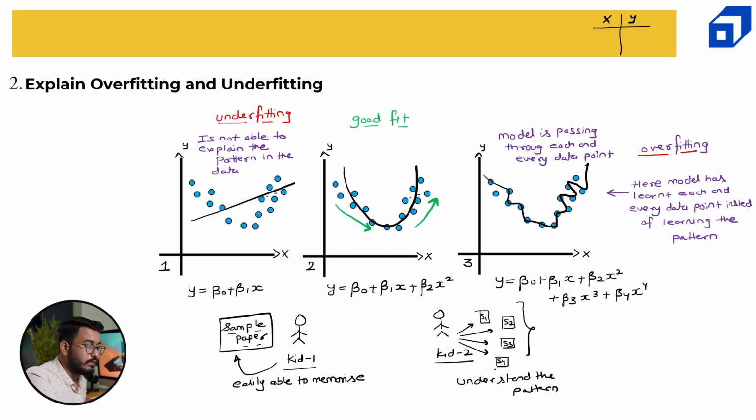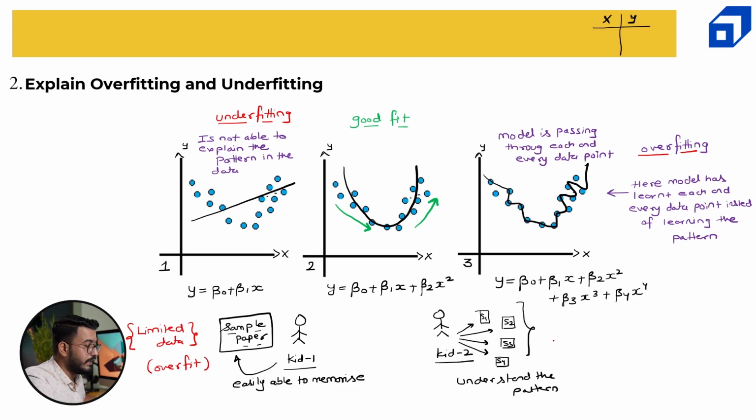Now this is what happens with your machine learning model also. So when you provide limited data, your machine learning model easily overfits.